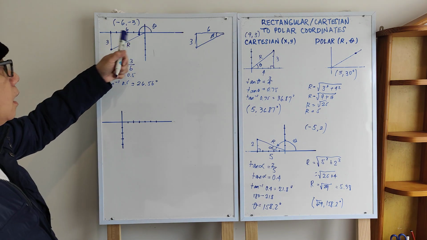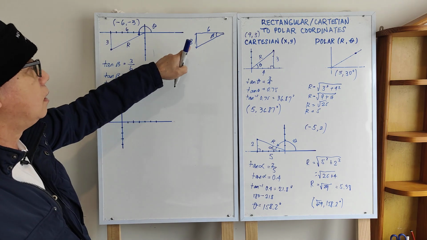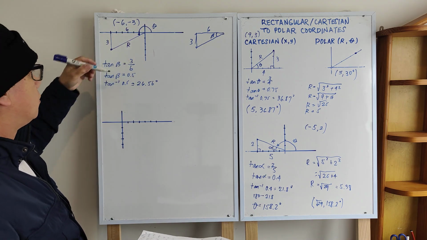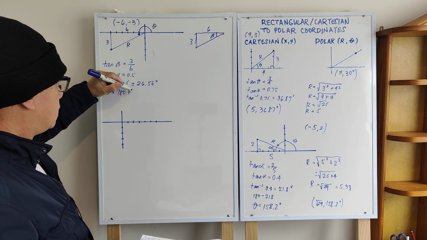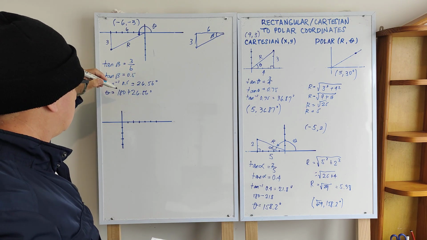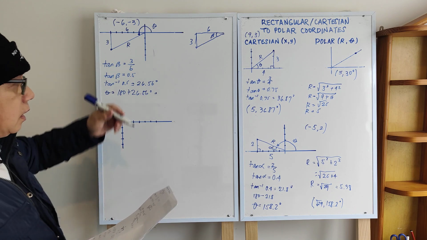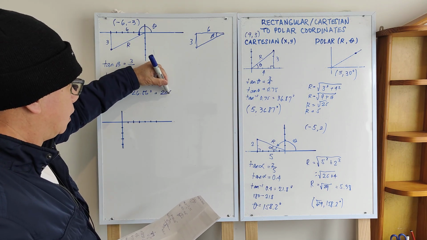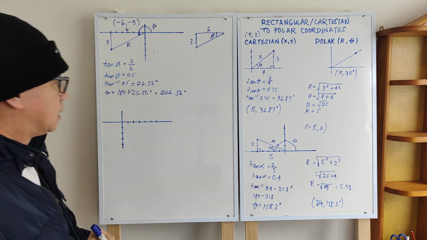Now to get theta, we add 180 to this one. So theta here will be 180 plus 26.56 degrees. So your theta would be 206.56 degrees.